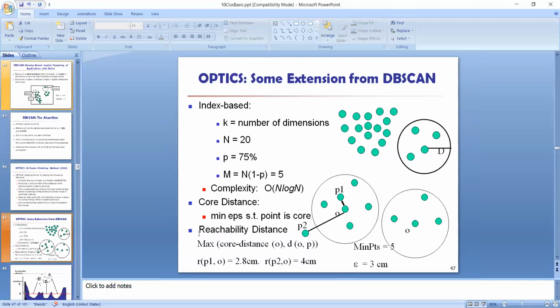Another concept related to OPTICS is reachability distance. So what do we mean by reachability distance?